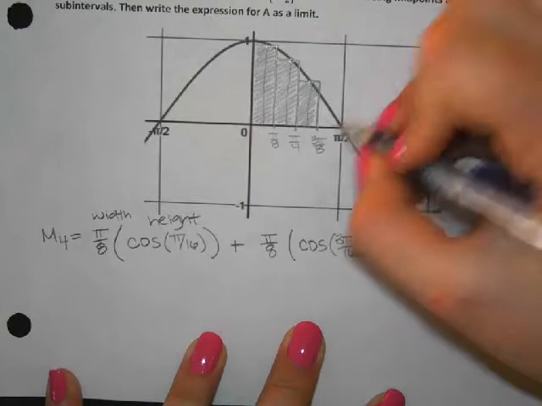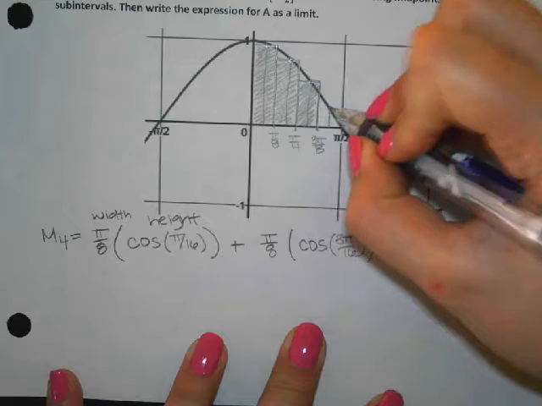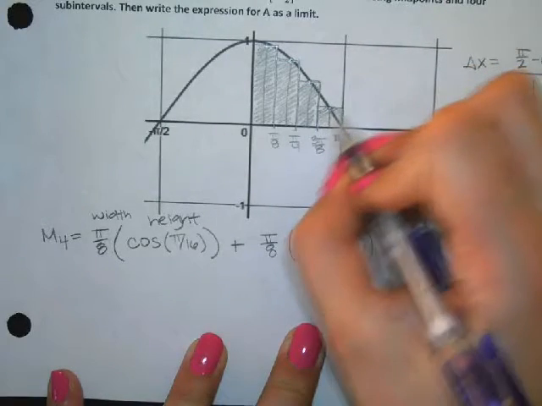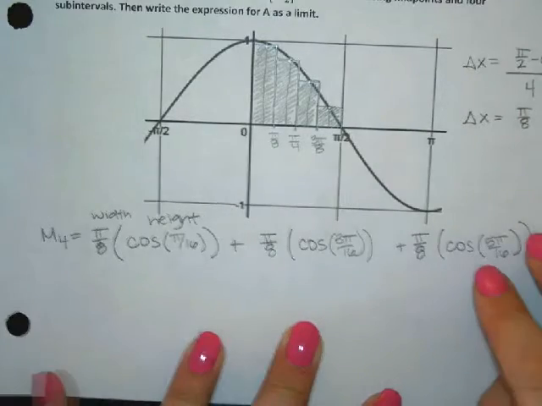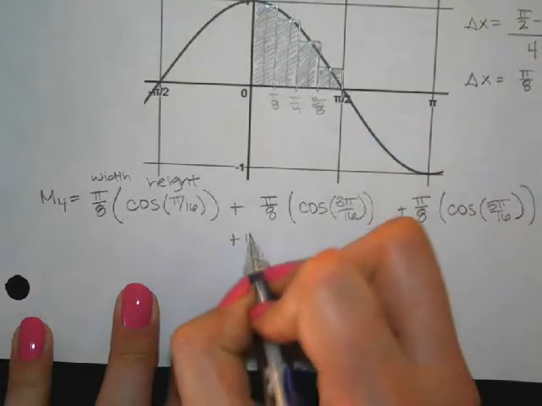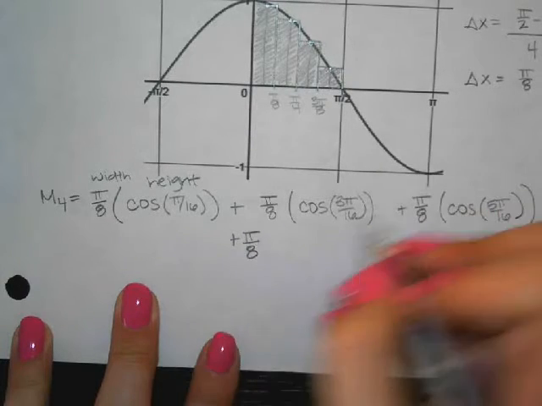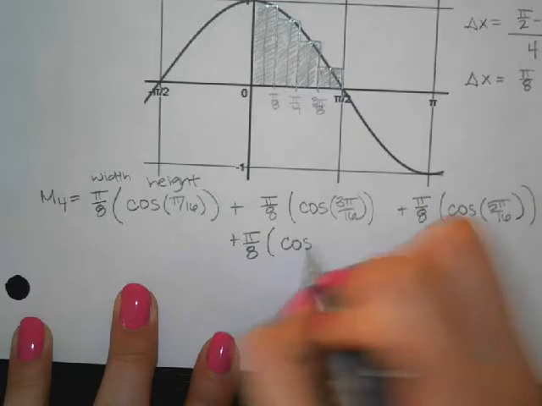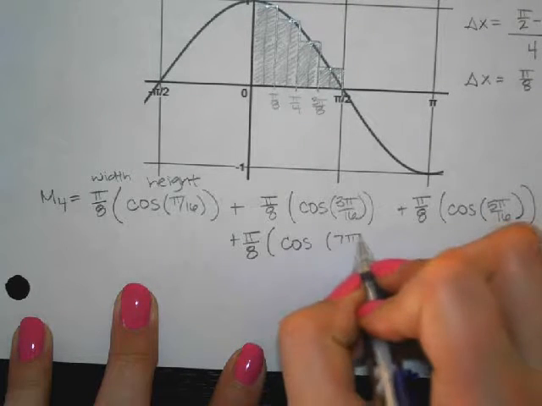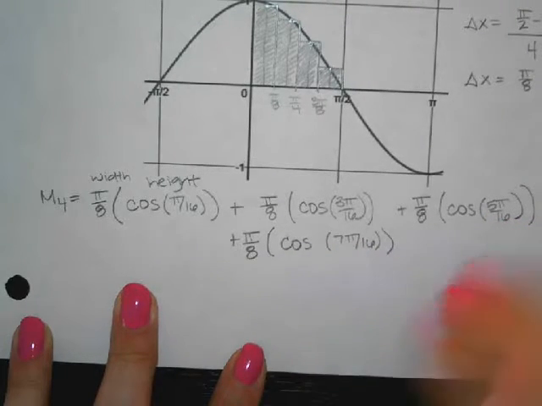Okay. And then our fourth rectangle has a width of pi 8ths and a height of 7 pi 16ths. Okay.